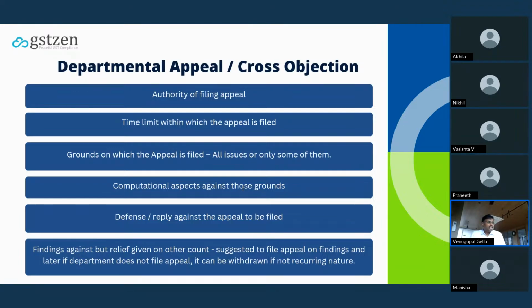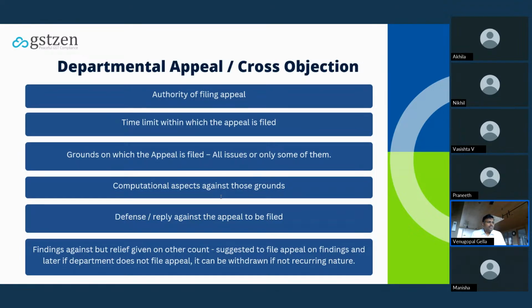And the cross objections can also be filed within 45 days. And the grounds on which the appeal is filed: an appeal can be filed on all the grounds decided for the SSC or against the SSC, or it could be selective basis the financial impact. Yeah, so it's an internal review.